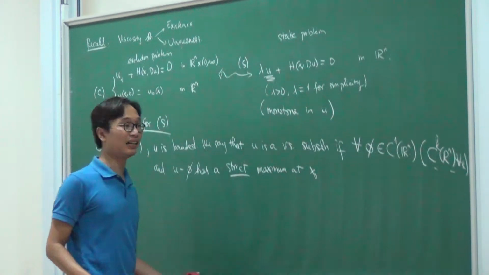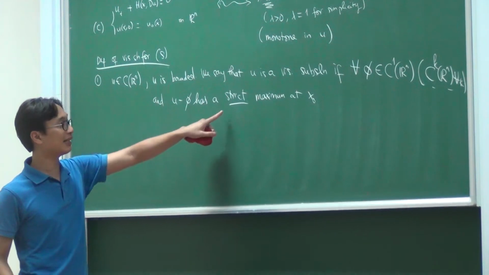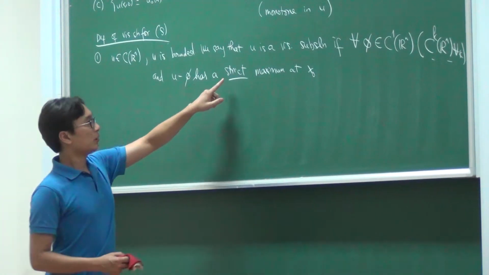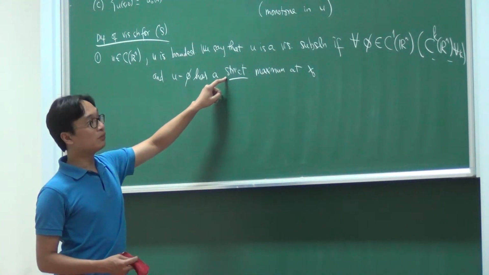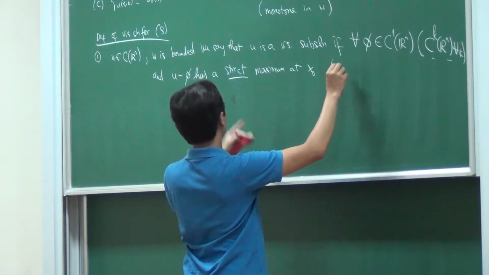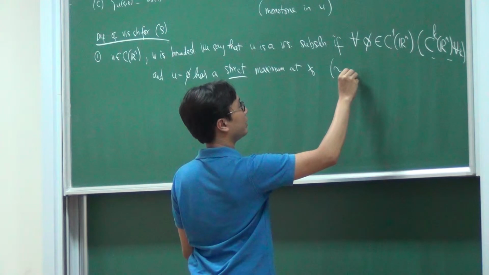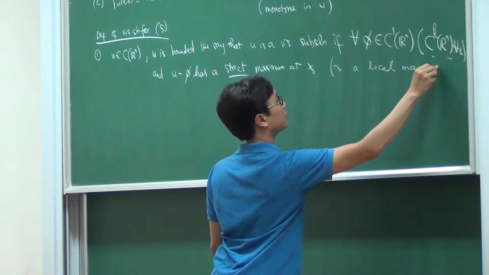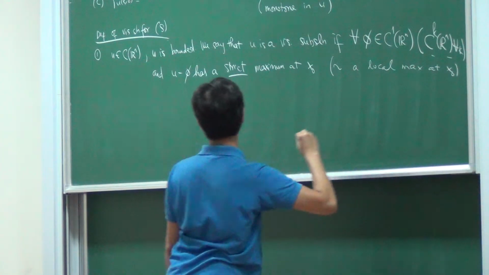Yesterday afternoon, actually, we did some exercises, and one of the exercises was that this strict maximum assumption can be removed. So it's equivalent to say that it has a local maximum at x0.